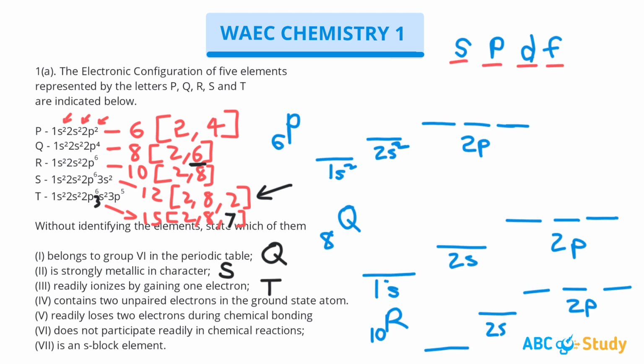Question number 4. State which of them contains 2 unpaired electrons in the ground state atom. To enjoy this, you have to start by talking about the ground state. So this indicates the nucleus. Then we also have an energy level here. So we also have another energy level.